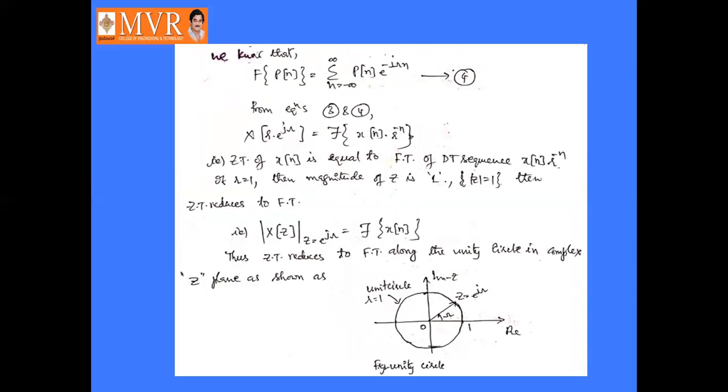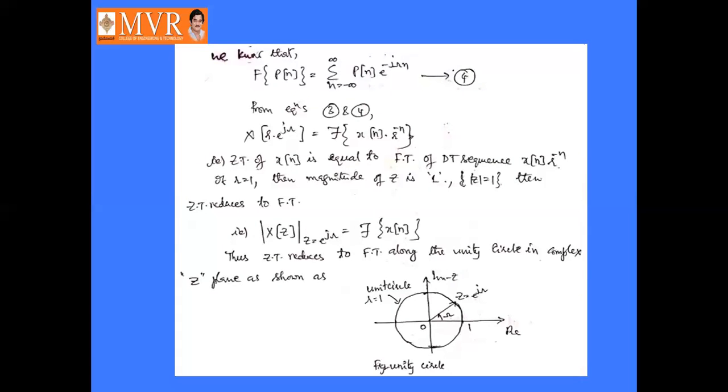Now we will compare equations 3 and 4, so that the Z transform of x of n at r into e power j omega, or X of r into e power j omega, is equal to the Fourier transform of x of n into r power minus n. If r is 1, magnitude is 1, then it will become the Fourier transform of x of n.